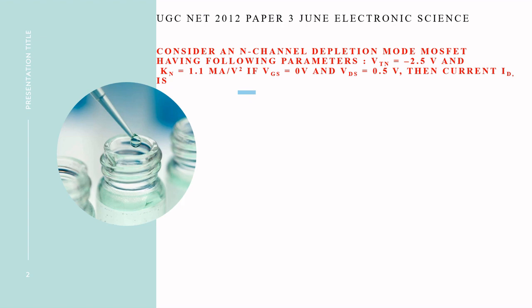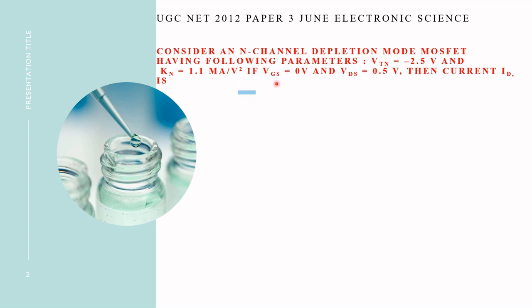So what is the problem? The problem is, consider an n-channel depletion mode MOSFET having the following parameters: VTN equal to minus 2.5 volt and Kn equal to 1.1 milliampere per volt square.